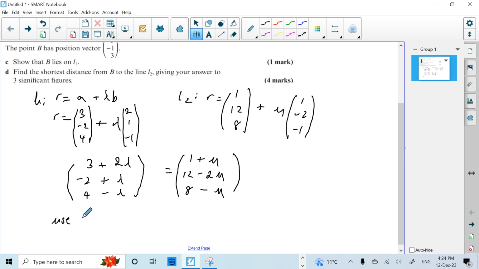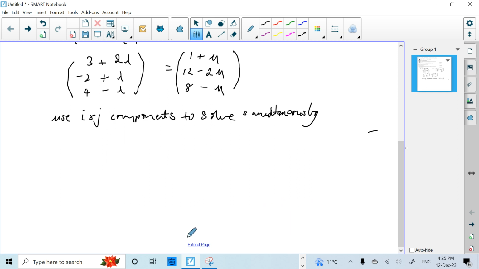So here's my i: 3 plus 2 lambda is equal to 1 plus mu.